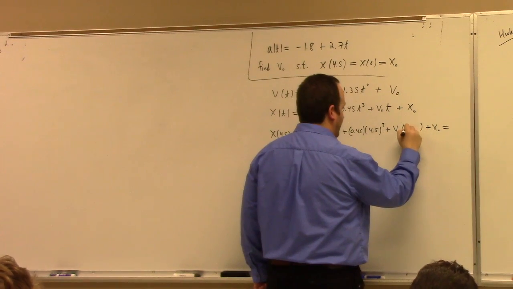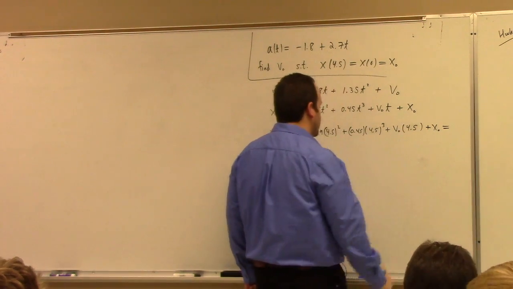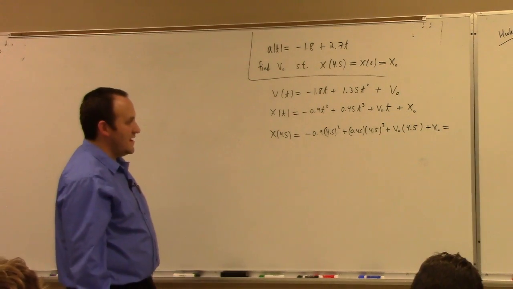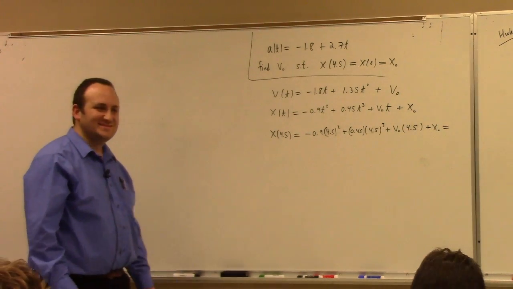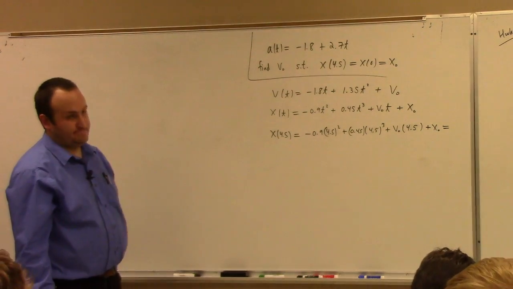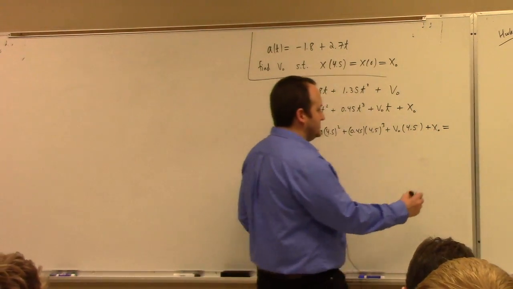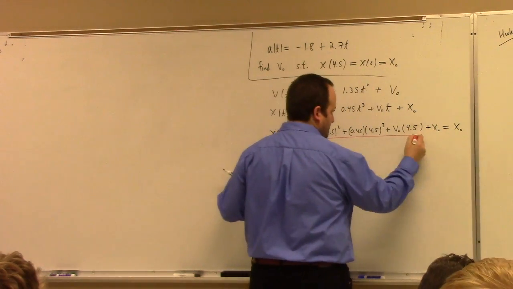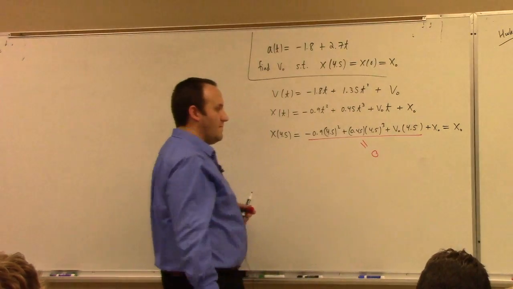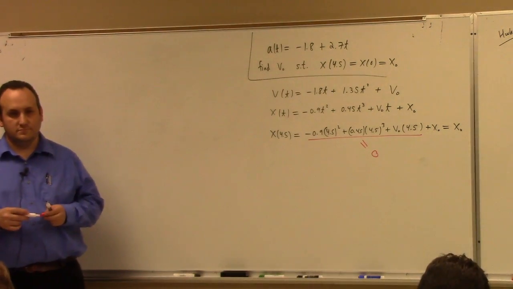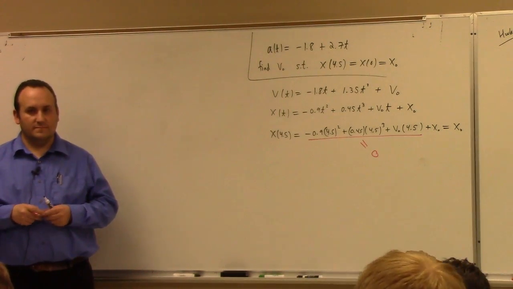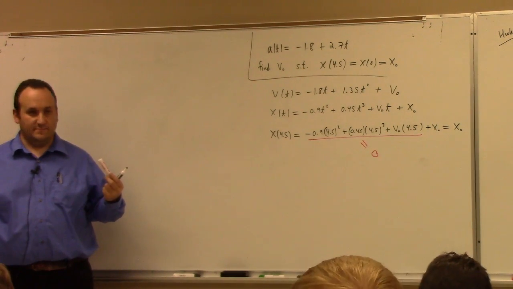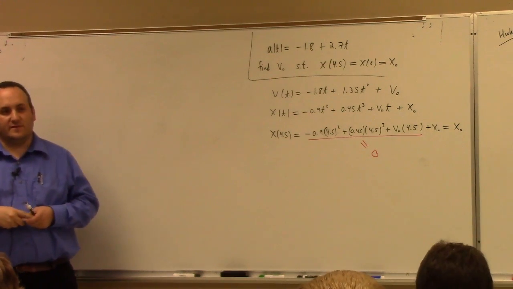It's unfortunate that we had that 0.45 constant come up in the formula. And that's equal to what? X naught, right? Therefore, this has to be equal to 0, which means you can solve for v naught. You got the initial speed, and then you can answer the other question once you know that.